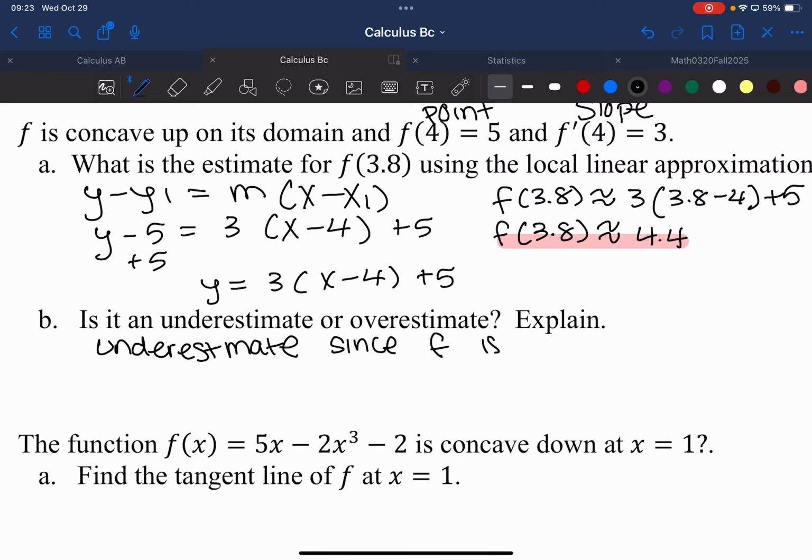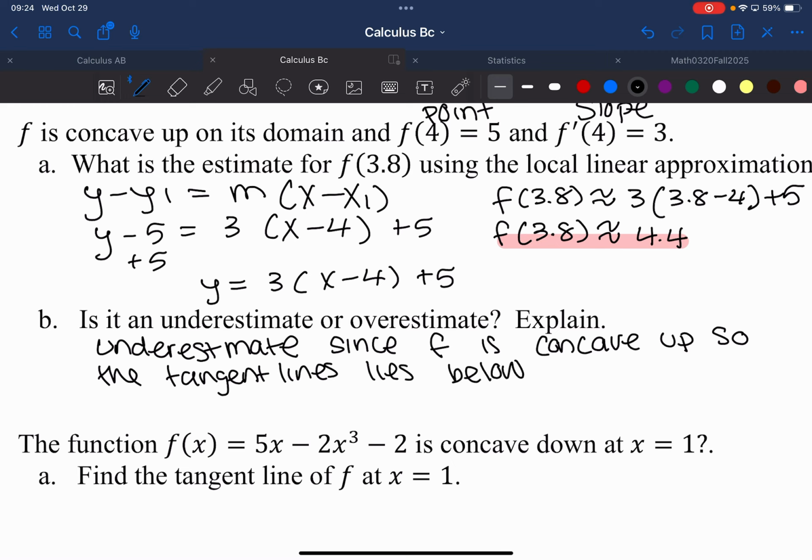Since f is concave up, the tangent line lies below the graph of f of x, which means if the function was concave down, this would be an overestimate.